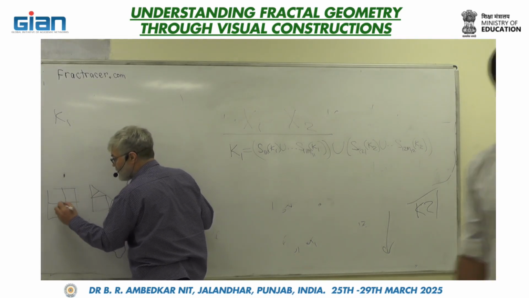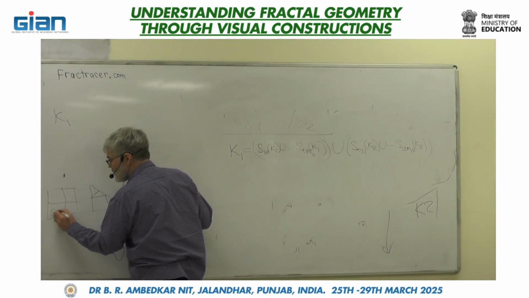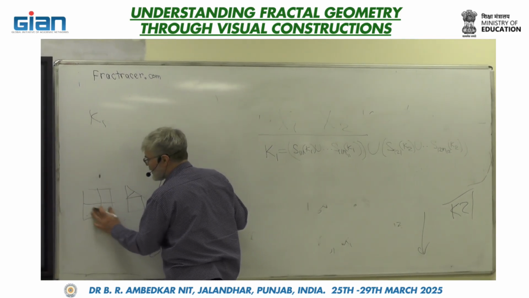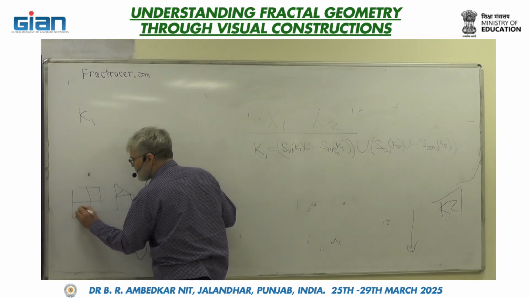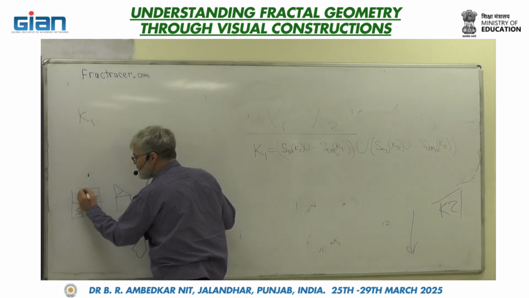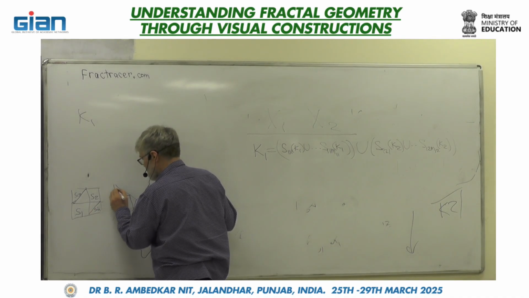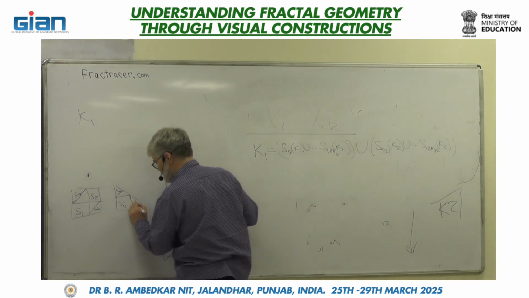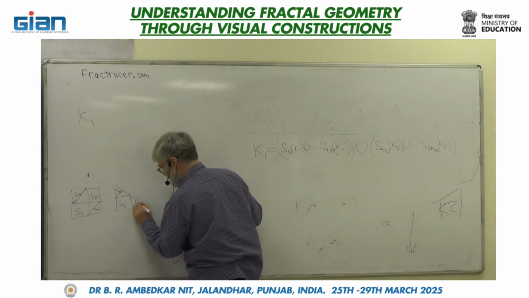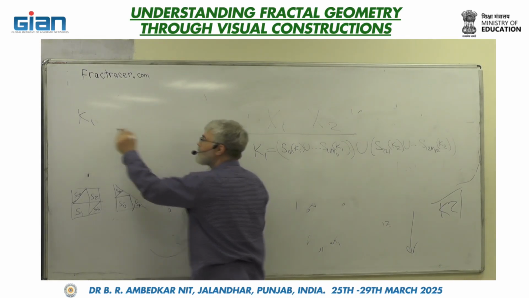So I have S1, S2, then this will be S3, this will be S4, just for simplicity. This will be S5, S6, and S7, right? There are maps. So what kind of equation do we have?